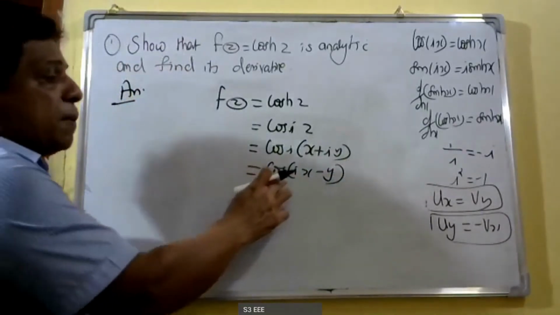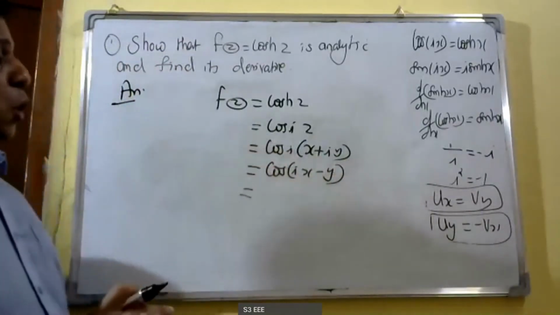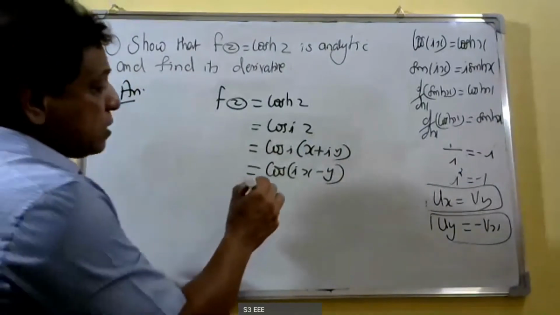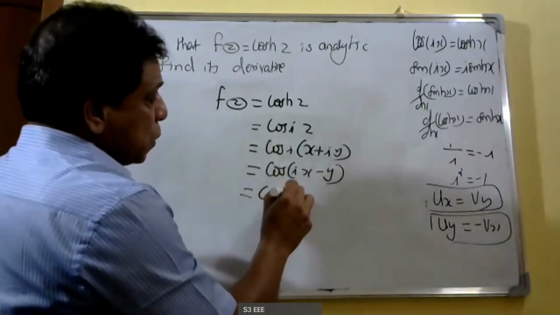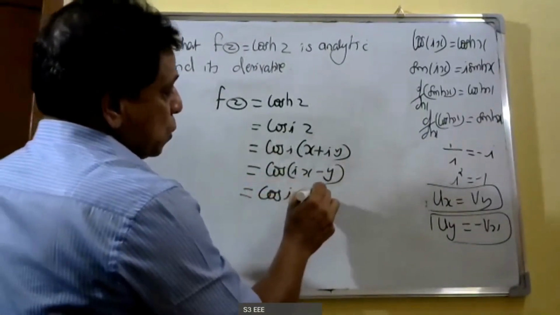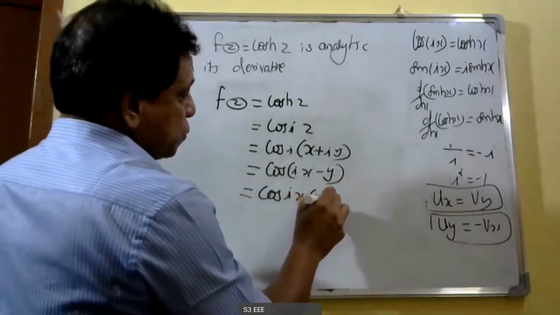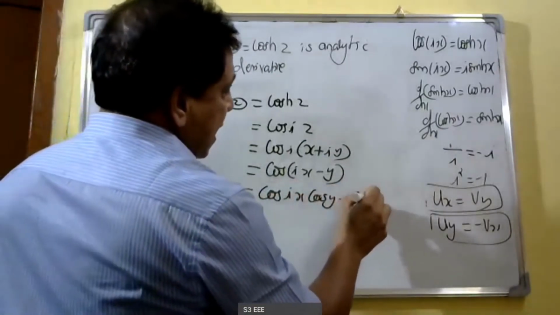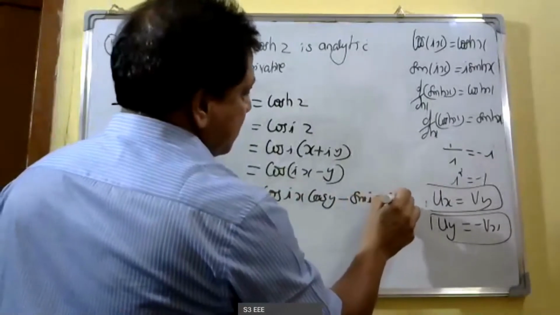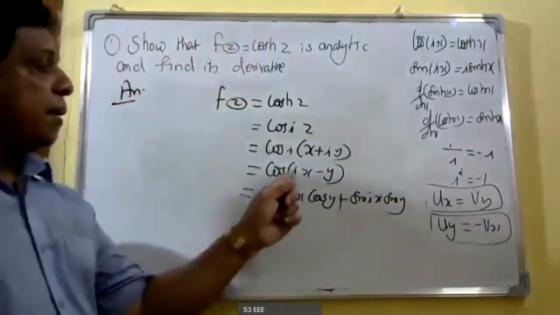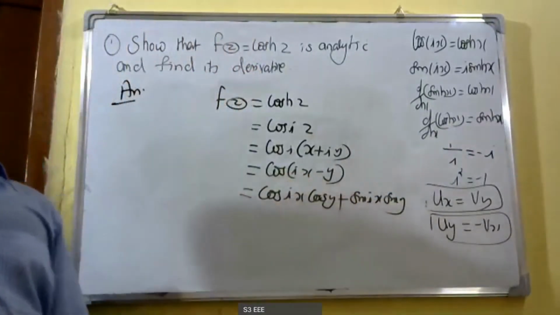Here we can apply the trigonometric formula cos(a - b) = cos a cos b + sin a sin b.